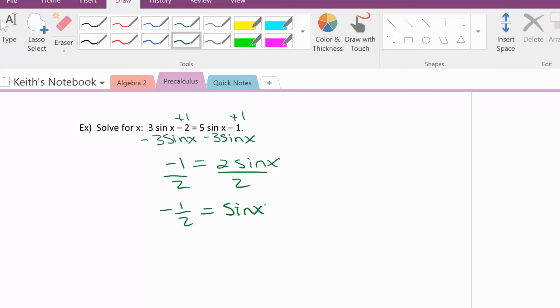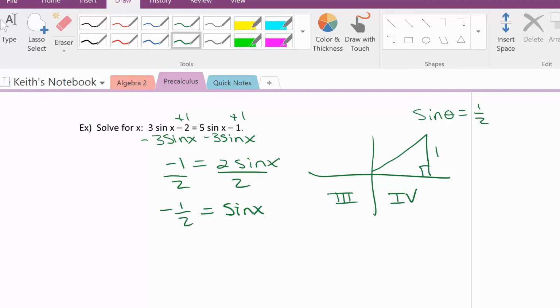So now you have to figure out, well, where is the sine equal to negative 1/2? And the sine is equal to negative 1/2 in quadrant 3 or 4. That's where it would be negative. And the sine is equal to 1/2 at 30 degrees. 30 degrees is pi over 6. So if you move it around the quadrants, the third quadrant would mean that it is 7 pi over 6.